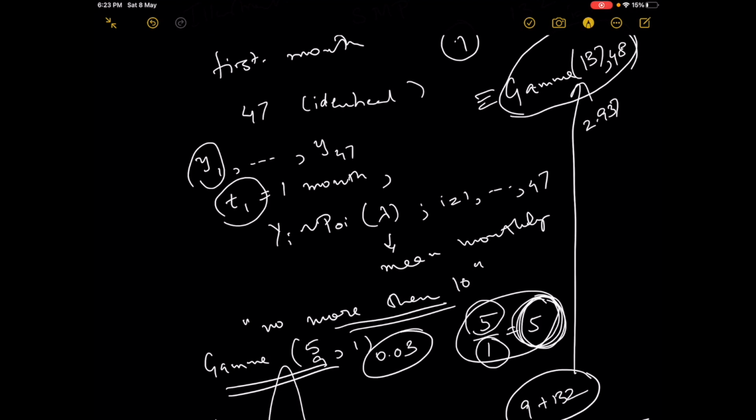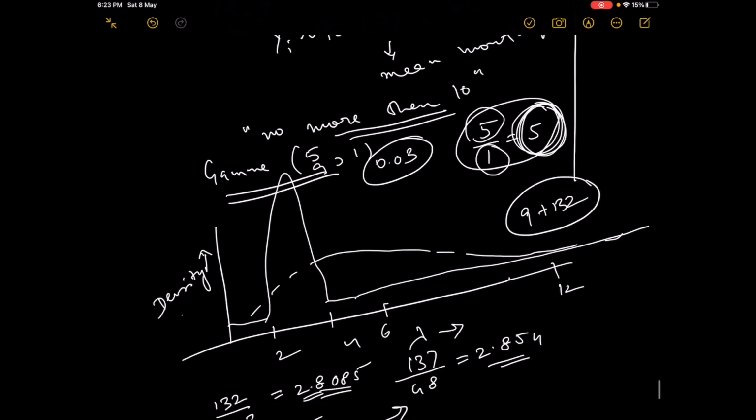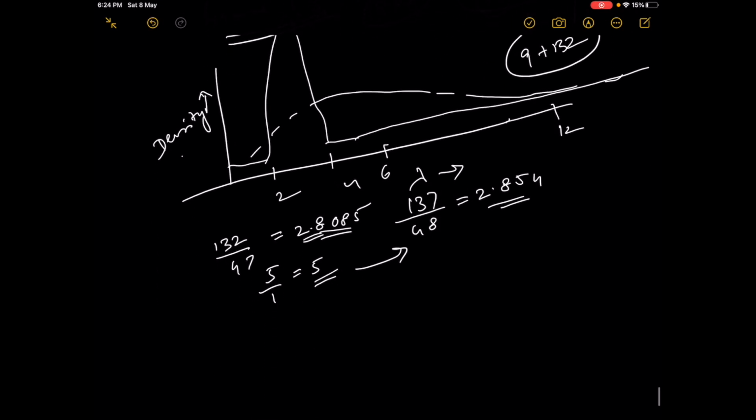So what we infer is that data is providing substantial evidence for a lower mean monthly number of failures than the engineers expected. We have very little cloud in this area, a very low number of failures here. So the posterior mean monthly number of failures is around 2.8.